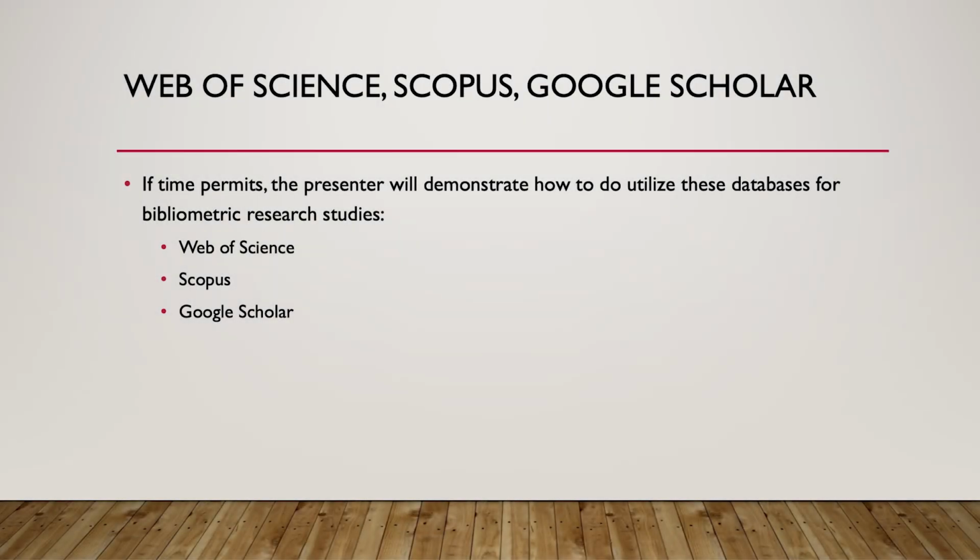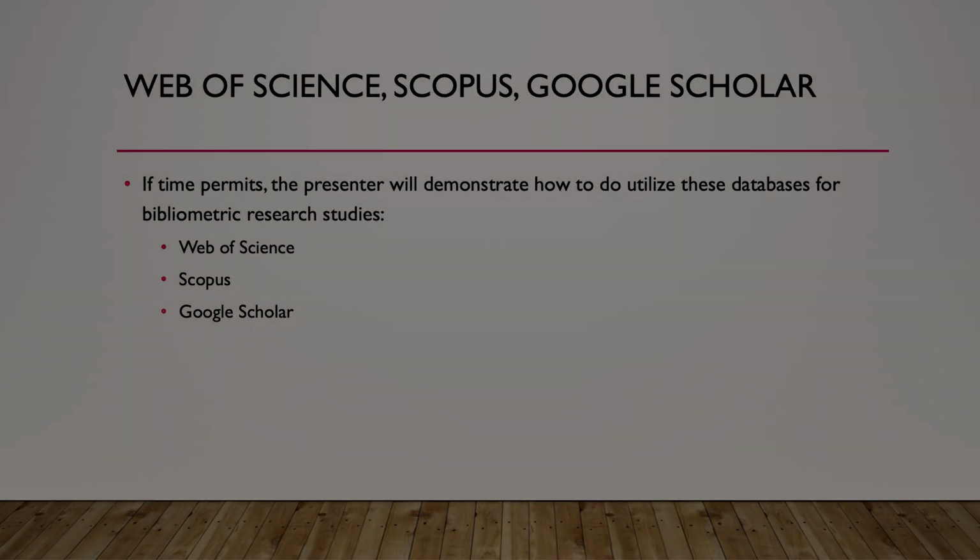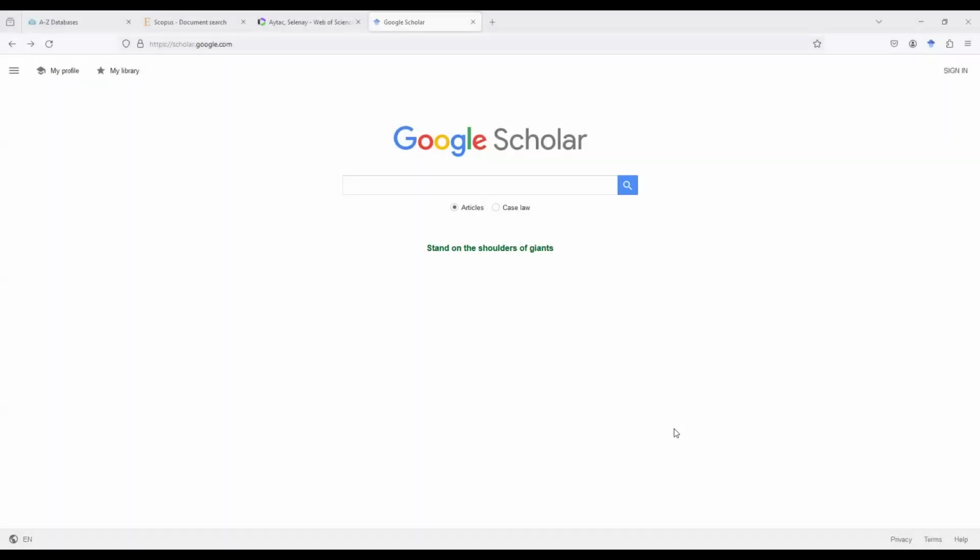In addition to Web of Science and Scopus, we also see Google Scholar being used in different bibliometric studies. Google Scholar is not a fee-based database like Web of Science and Scopus. Usually when we do searches, we search with the title in Google Scholar. So it's a completely different type of system.